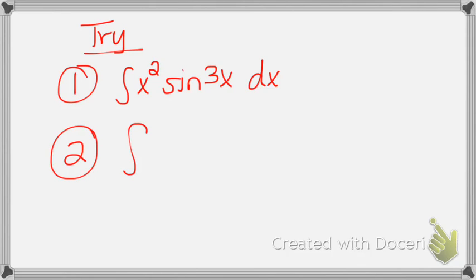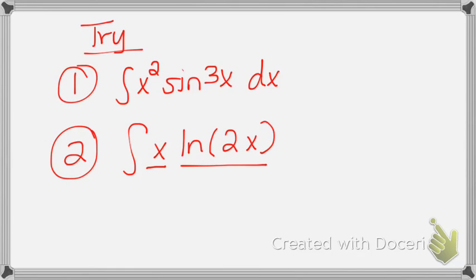On the second one, this one you can't use tabular, and the reason has to do with that ln of 2x, because ln of 2x can never be the v, because we don't know the antiderivative of ln of x. Although this comes down to equal 0, this doesn't. And so on the second one, you have to work out the long way.